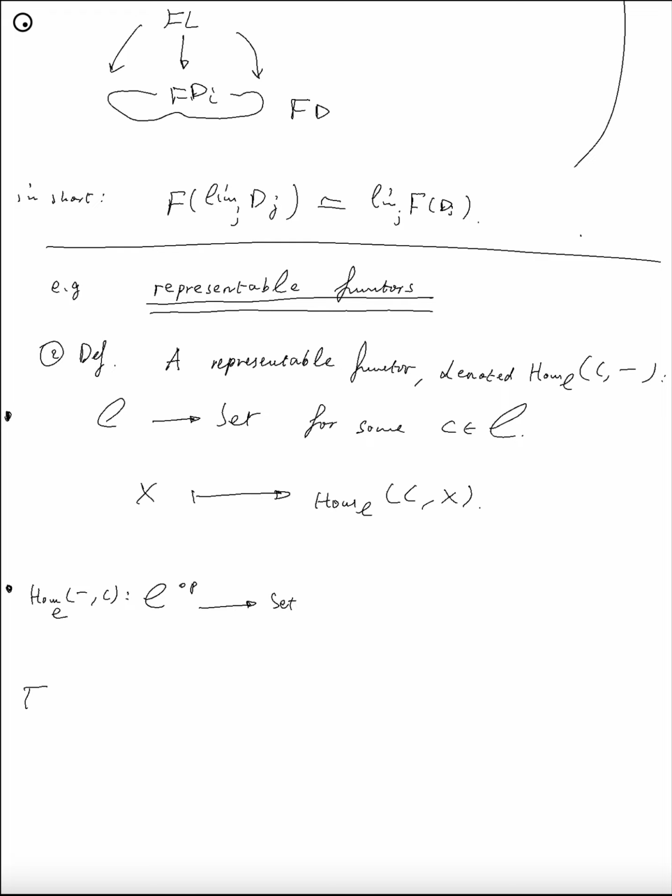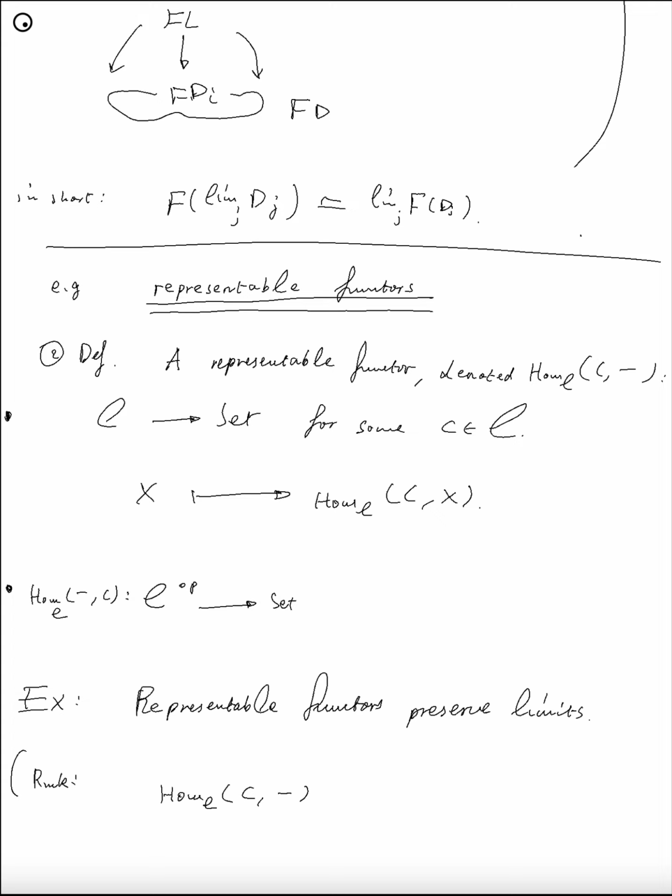Okay, so let's do our exercise for today. Representable functors preserve limits. So first remark that this does not imply that the Yoneda embedding preserves limits, because the Yoneda embedding is not this functor.